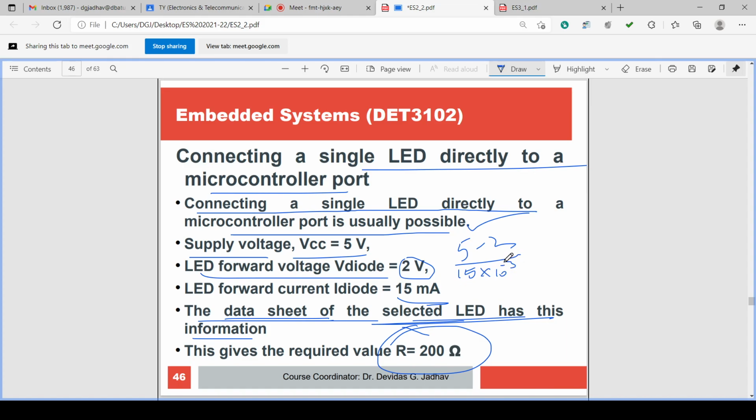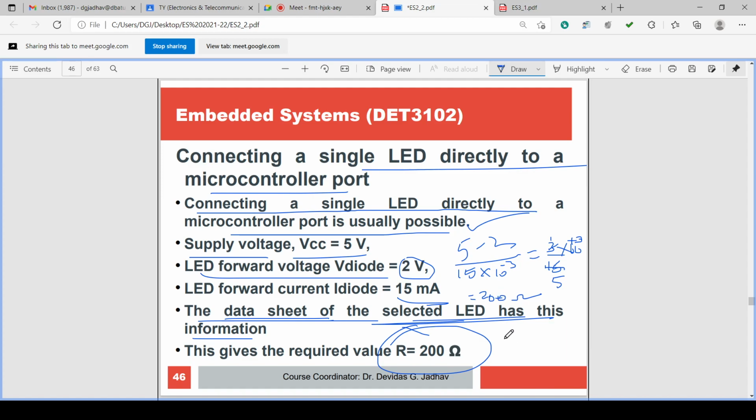So 5 minus 2 is 3. 3 by 15 into 10 raised to plus 3, because the minus 3 in the denominator goes into the numerator as plus 3. So 3 by 15 is 1 upon 5, and 1 upon 5 is 0.2. So 0.2 into 1000 is 200 ohm.